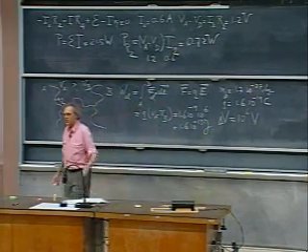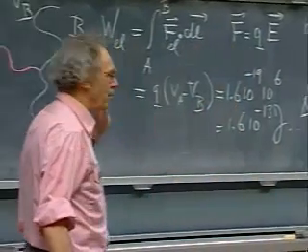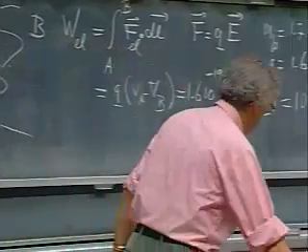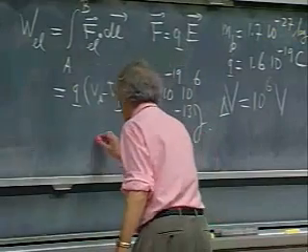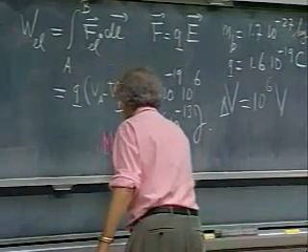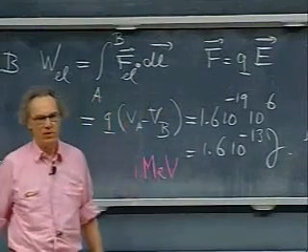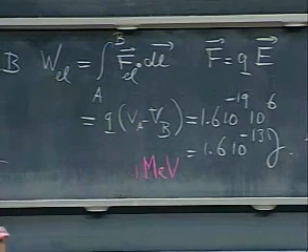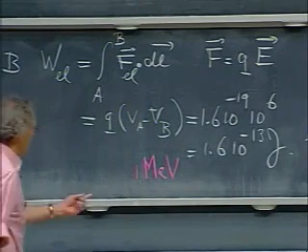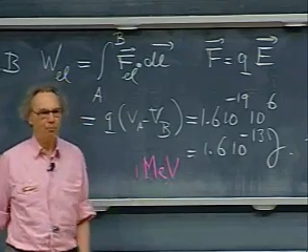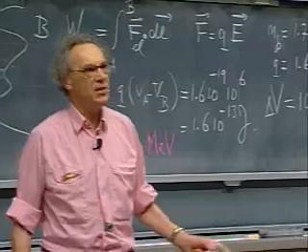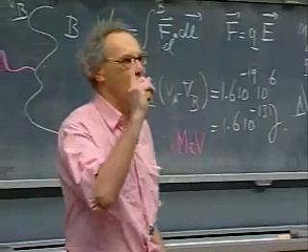Almost no physicist would call this 1.6 times 10 to the minus 13 joules, but we would say the kinetic energy of that proton is 1 MeV, 1 million electron volts. The reason why we do that is an electron volt is the energy that an electron gains if it moves over a potential difference of 1 volt.